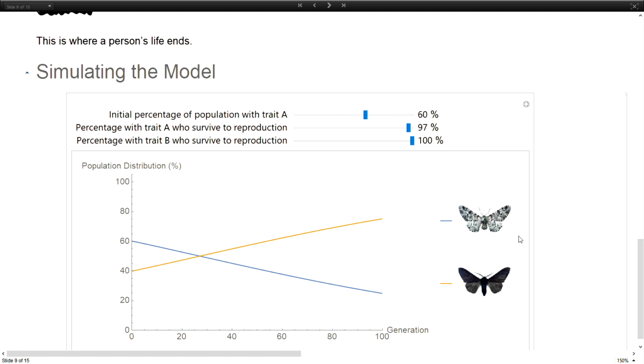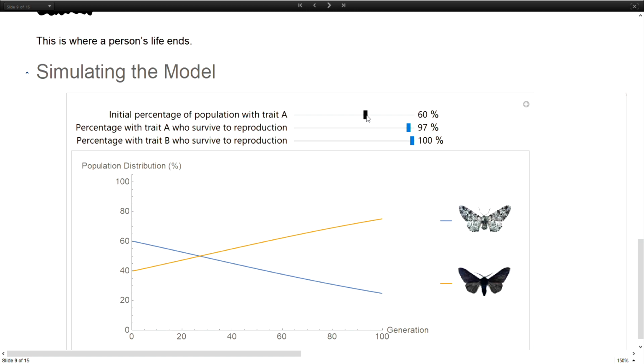That meant that more of the moths that looked like this would survive until reproduction than the moths that look like this, because there were a few moths that were completely black like this, but they were easily picked off by predatory birds.